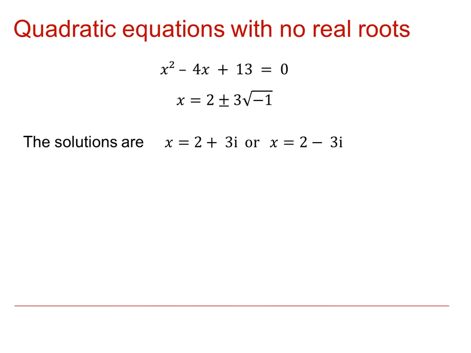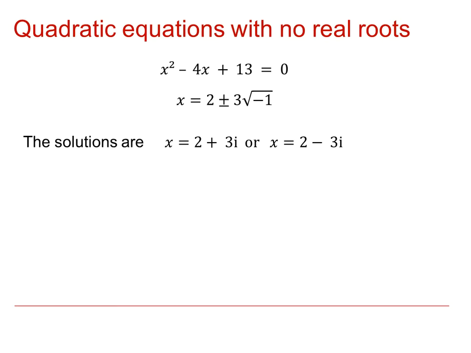So we've got x equals 2 plus 3i, or x equals 2 minus 3i. So by introducing this new type of number, we have got roots for these new types of quadratic equations.